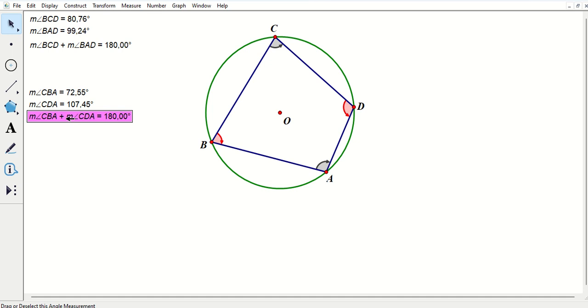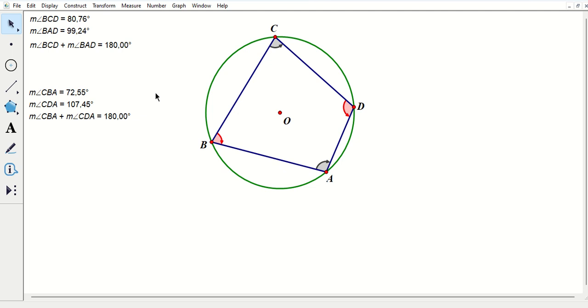So now, in our investigation, we found that if the vertices of a quadrilateral sit on the circumference of a circle, then the opposite angles are going to be supplementary, because if we add them, they give us 180. So that is a theorem in geometry, that opposite angles of a cyclic quad are supplementary.